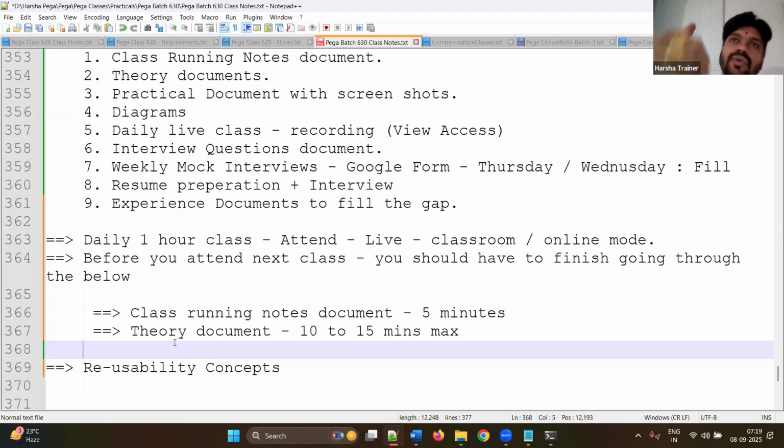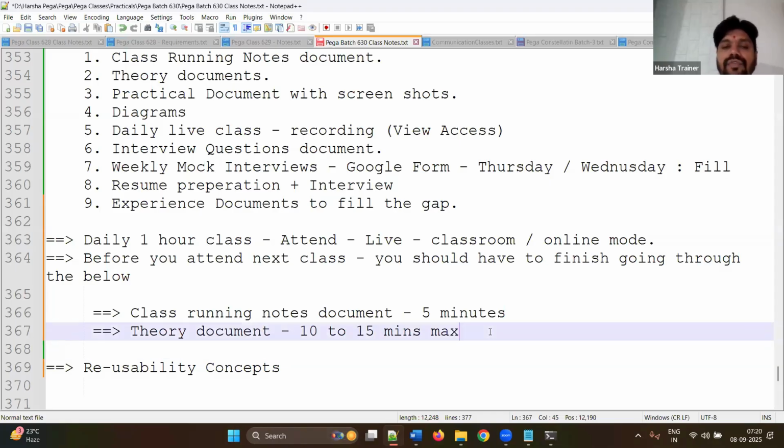But 7 o'clock to 8:30, 1.5 hours on the weekend. That is going to give you good knowledge and you will be able to remember everything. It will speed up your understanding going forward, and the technical terminology will be retained in your brain when you visit again and again.